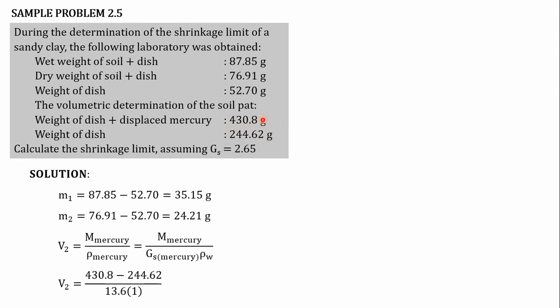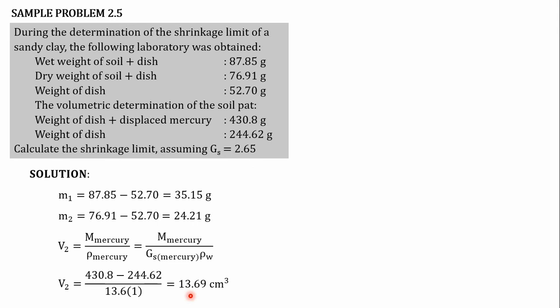We subtract the dish because the 430.8 includes the dish. So 430.8 minus 244.62, divided by our Gs for mercury, which is 13.6. Since the units are grams, we use 1 gram per cc for the density of water. This will be equal to 13.69 cubic centimeters. So we now have V2, class.